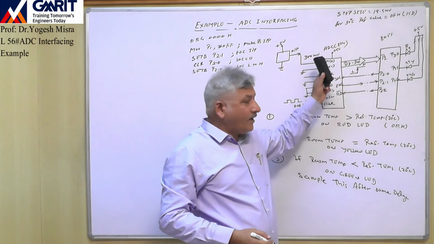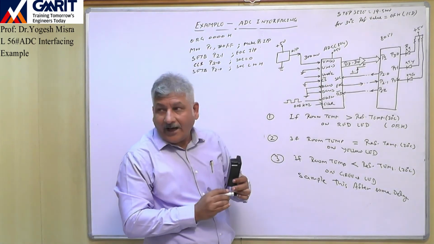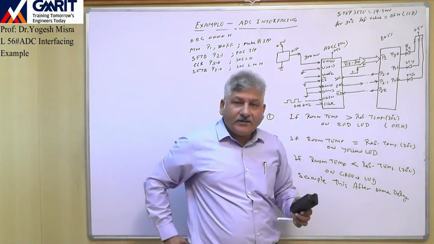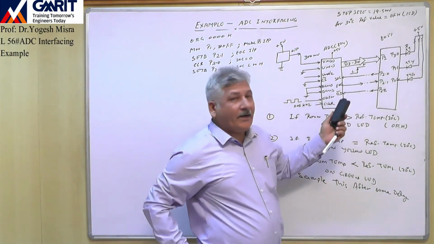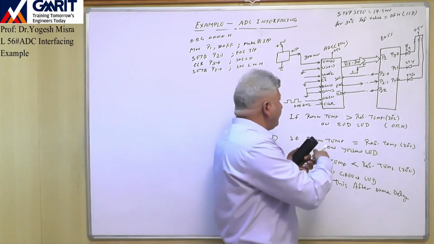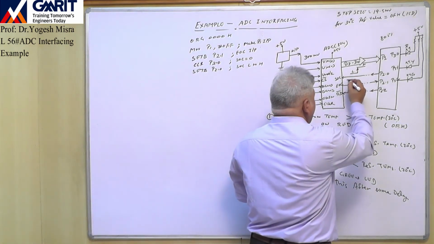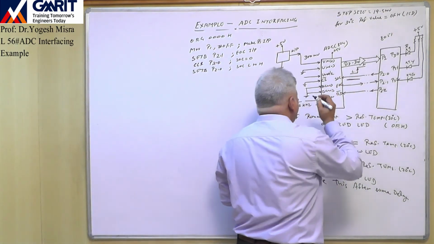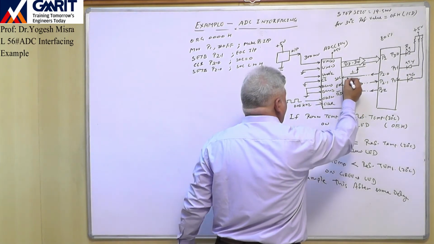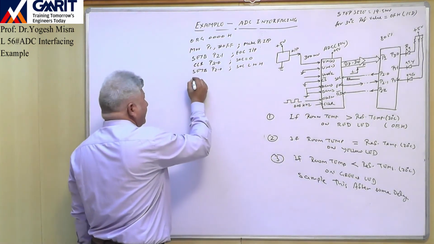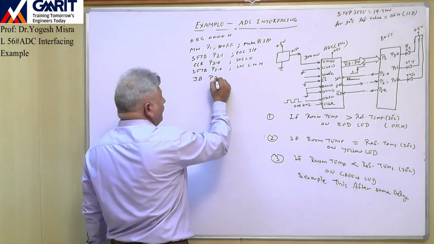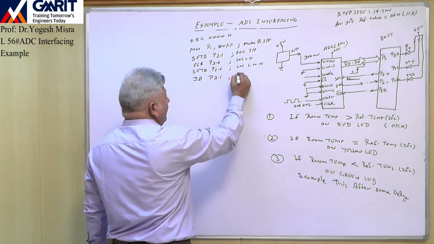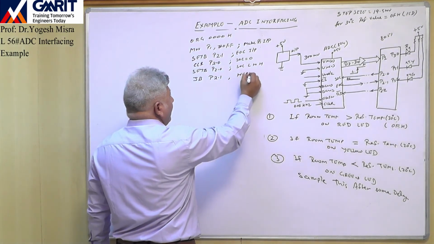Now the conversion process has been started, and once the conversion process will start, then we have to check this pin, because by default this pin here it is high, here it is high, right? This is high value. So what I will write instruction, JNB P2.1, here.